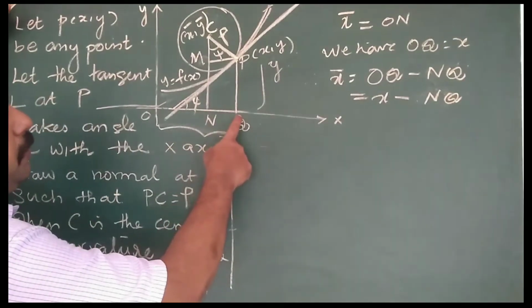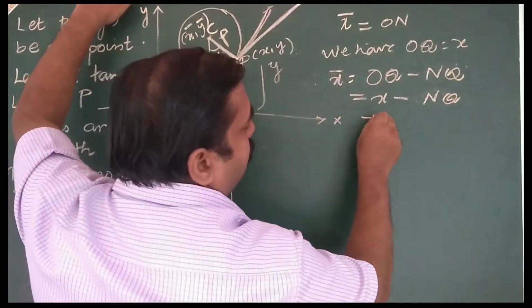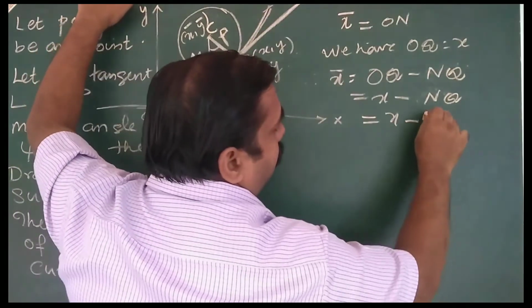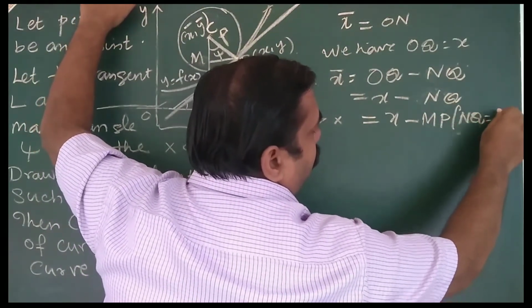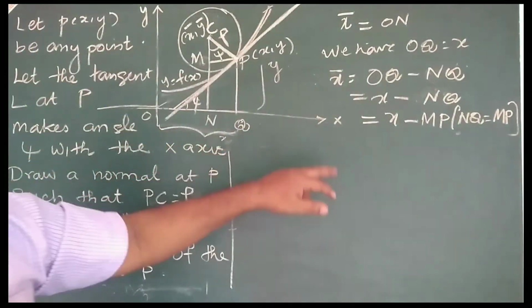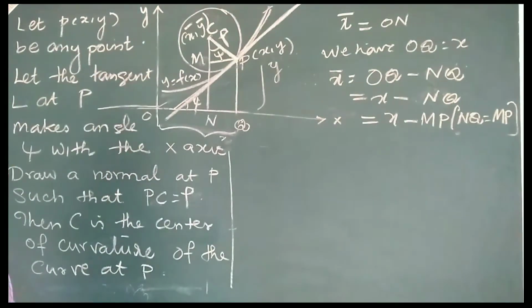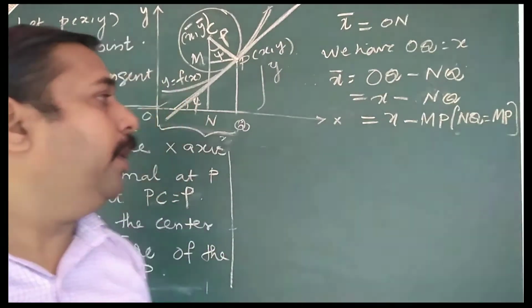But this NQ is equal to PM or MP. So x bar is equal to x minus MP, since NQ is equal to MP.